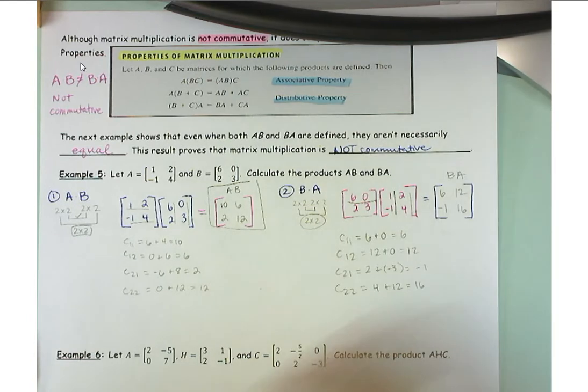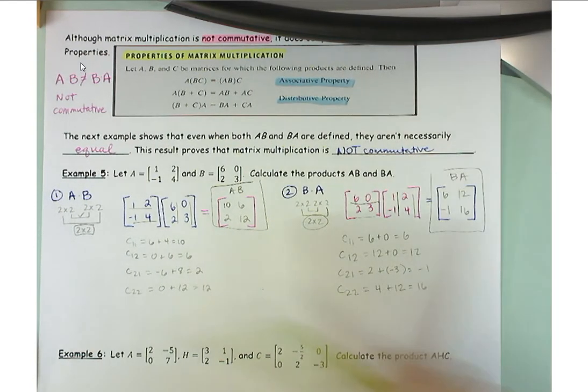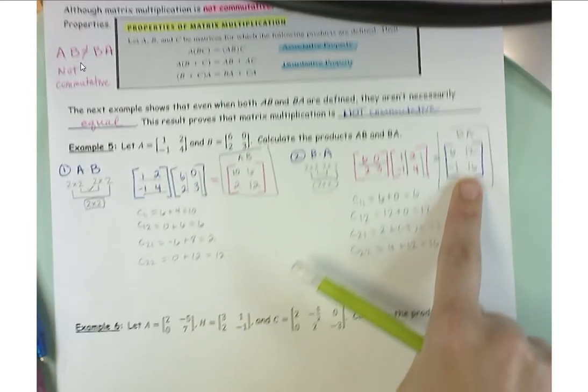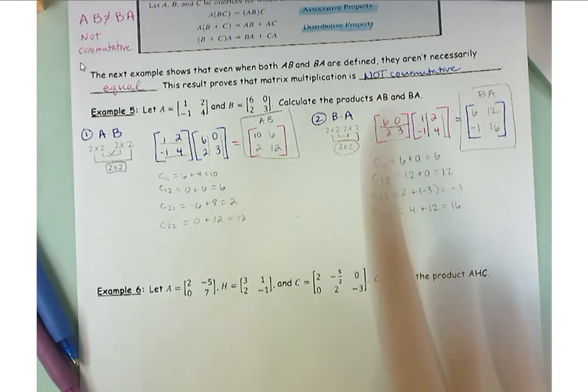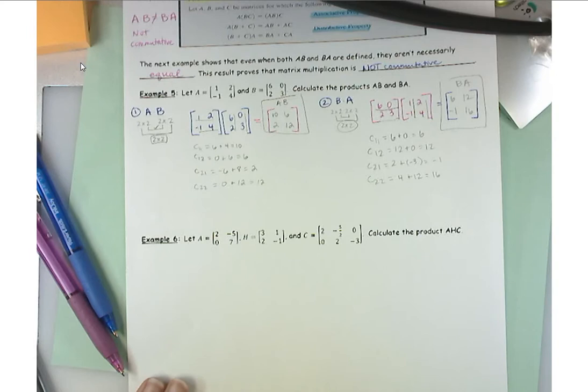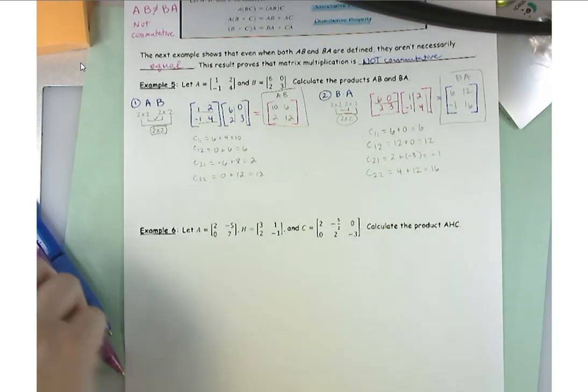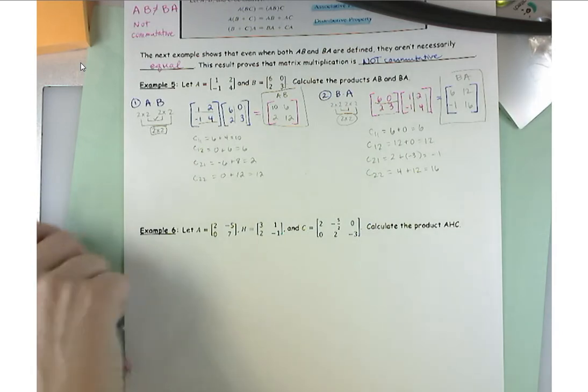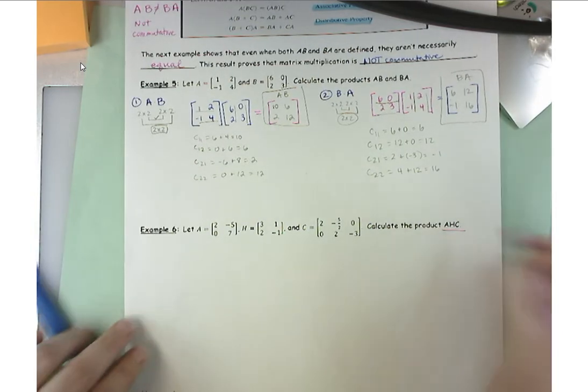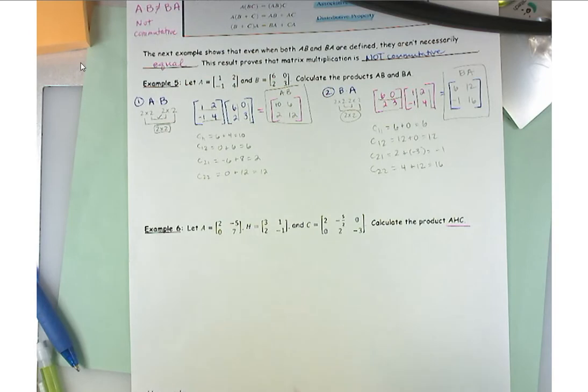So it's pretty clear that those are not the same matrix, right? Okay, so we know that it's not commutative. So the order in which we multiply matrices together is going to matter. So that's why when we come to example 6 and we have to calculate AHC, there are a couple different ways we can do that.